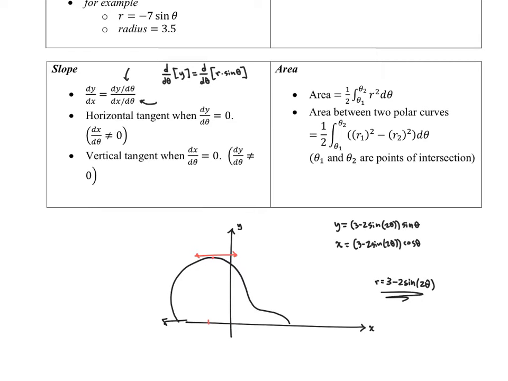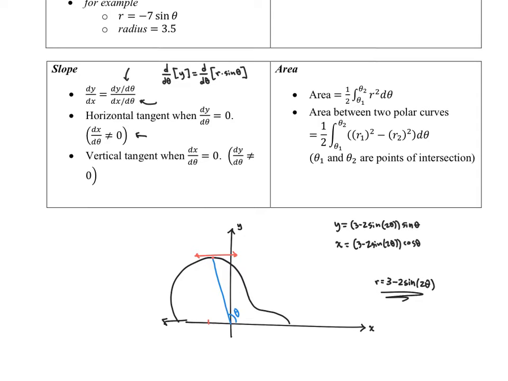Now, what's interesting is that the independent variable is actually theta. So when theta equals a certain value, the y component is not changing, provided that dx/d theta is not equal to 0.